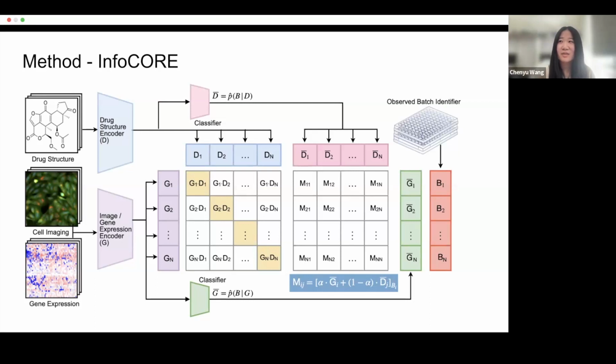I guess maybe it's because the number of samples in our batches is quite even, and also the batch effect is very significant, especially in the phenotypic screening data. So even with hundreds or thousands of different batches, a simple random forest classifier can have very good prediction. So I guess that is not the issue. And if there's difficulty in predicting the batch number, it means that the batch effect is not very severe, which is also good.